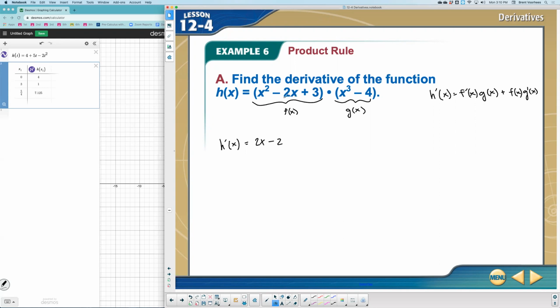The constant disappears, so it'd be 2x minus 2. And then I would multiply this times x cubed minus 4, plus, and now I'll leave f as it is, x squared minus 2x plus 3. And I would multiply it times the derivative of g. 3 would drop down, so it'd be 3x, lose a power, 3x squared. The 4 disappears. Now we can distribute this.